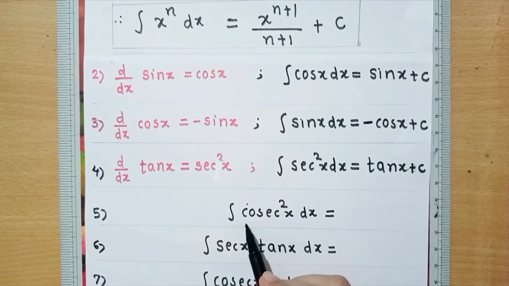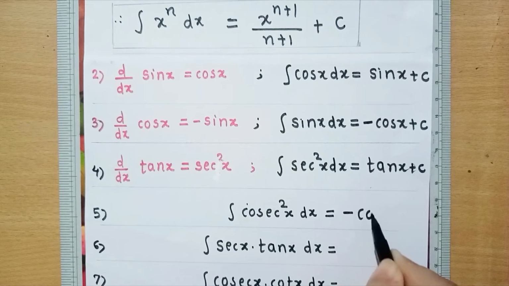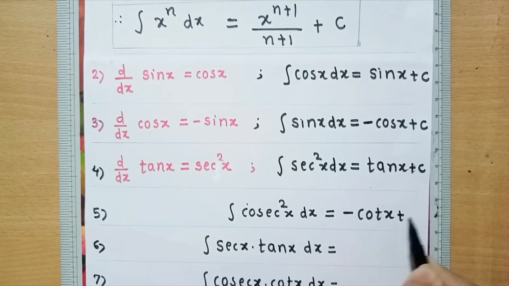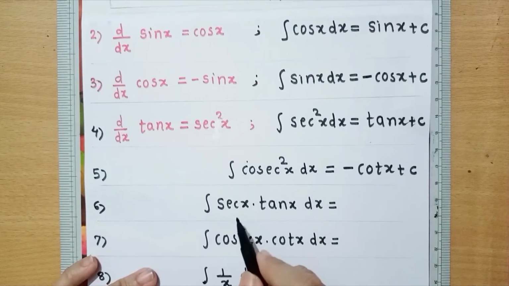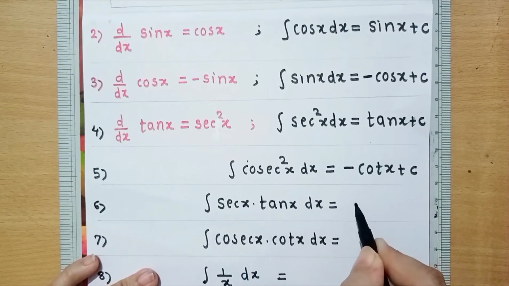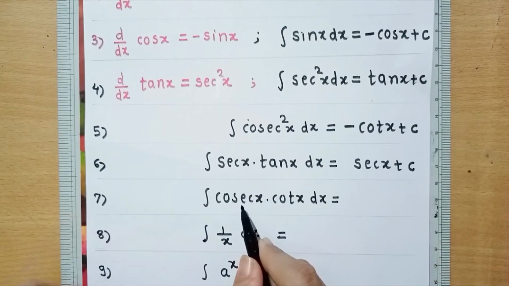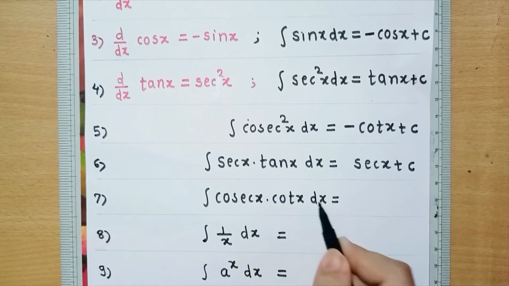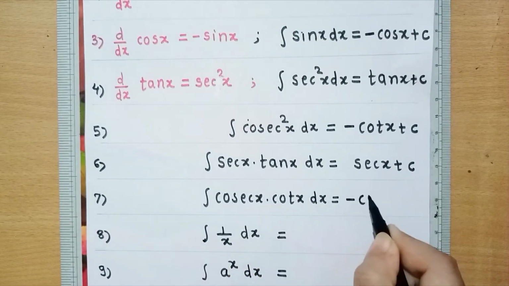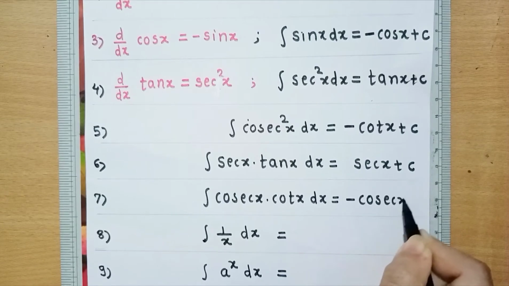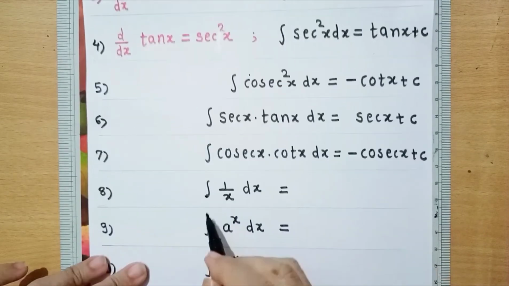So next one, integration of cosec square x dx is equal to minus cot x plus c. Integration of sec x into tan x is sec x plus c. Integration of cosec x into cot x is equal to minus cosec x plus c.